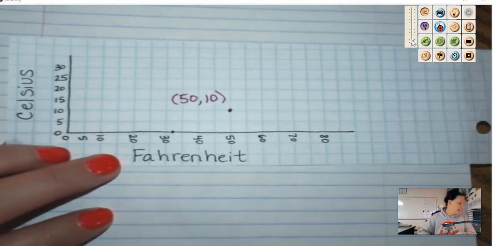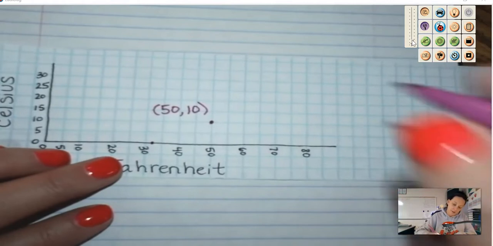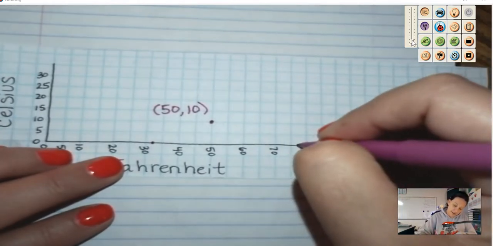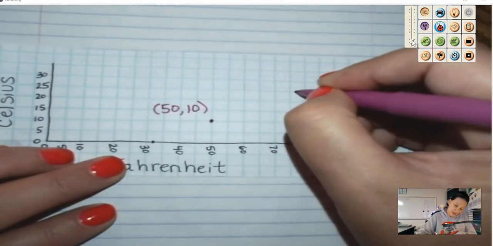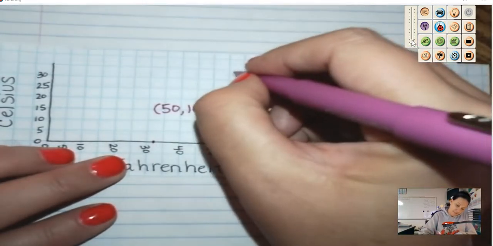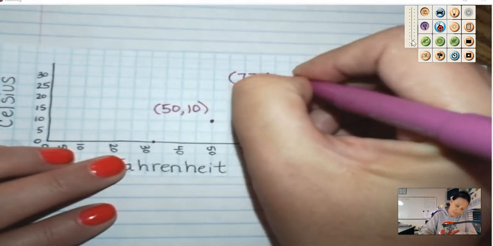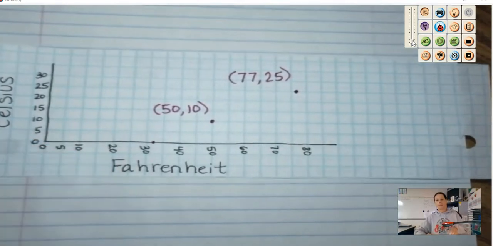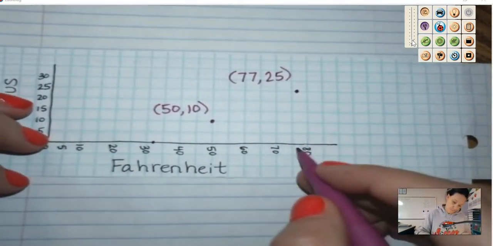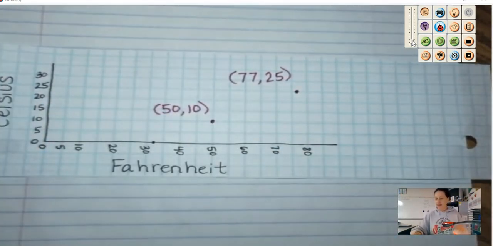And the other point is 77, 25. And then connect those.